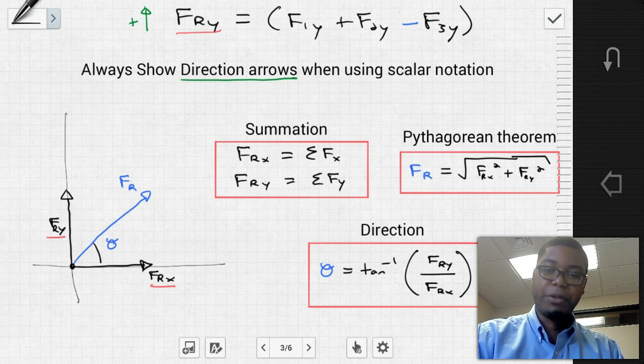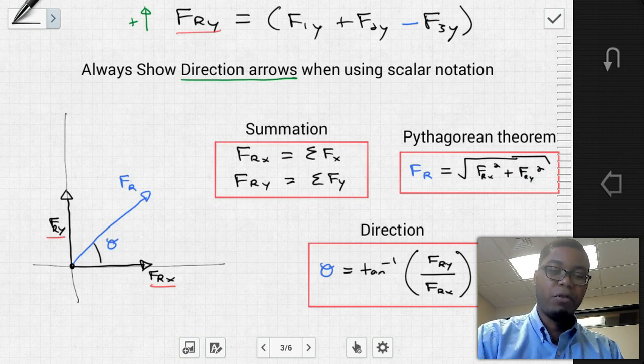We can apply this Pythagorean theorem in order to find the true magnitude of the force resultant, which is equal to the square root of the force resultant x squared plus force resultant y squared, the components of x and y.